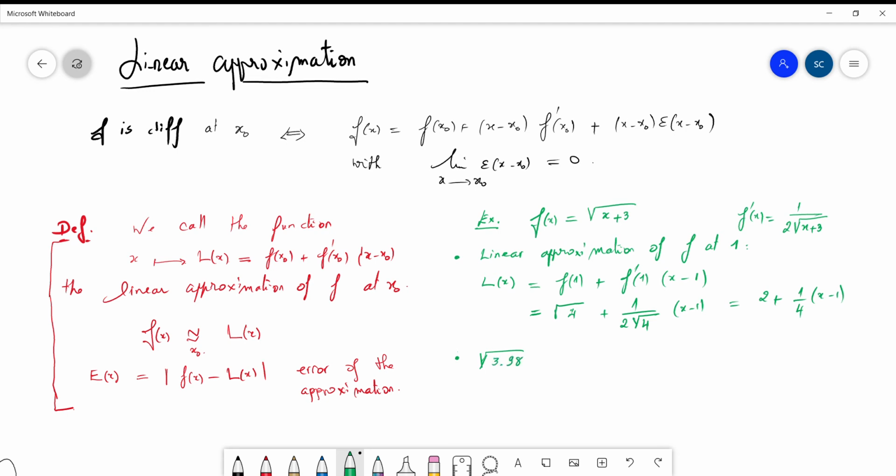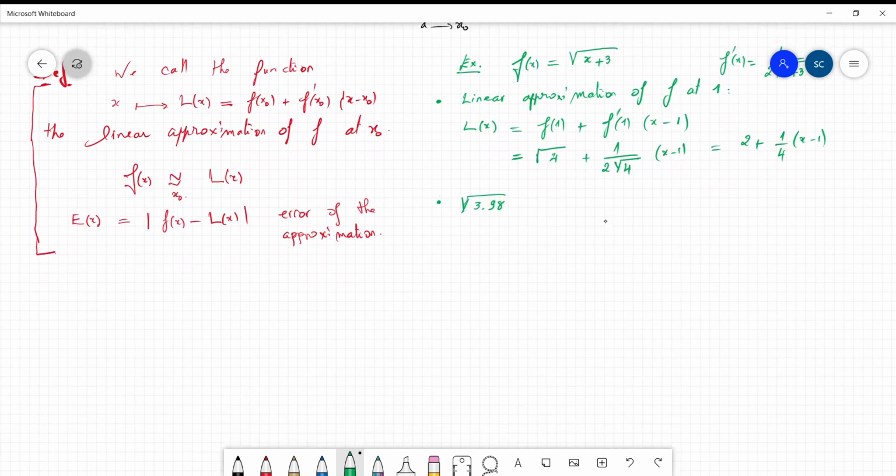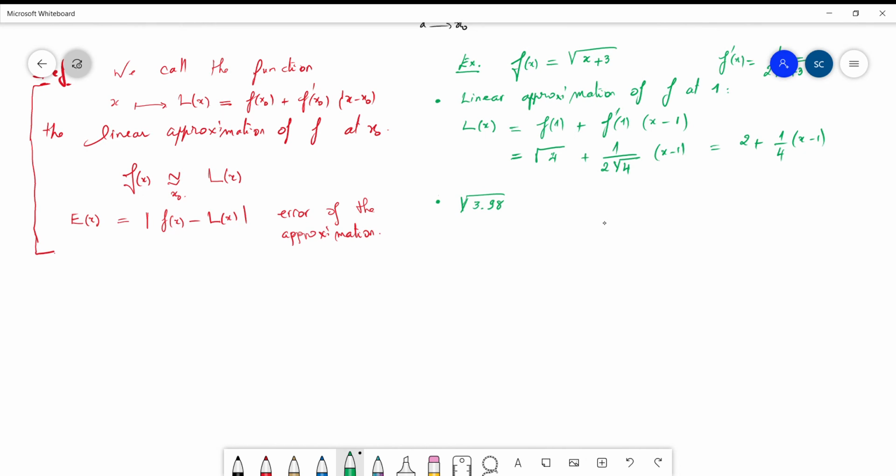the square root of 3.98. If you look at this quantity, we want to use the function f. It is exactly the square root of 0.98 plus 3, so I can express it as exactly f(0.98).